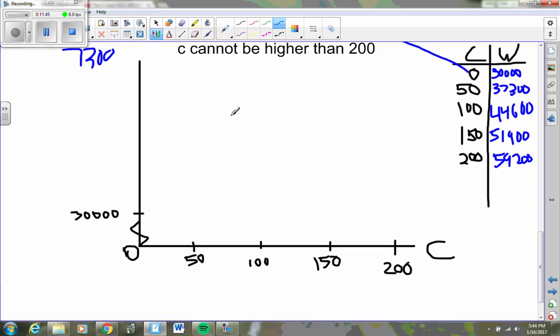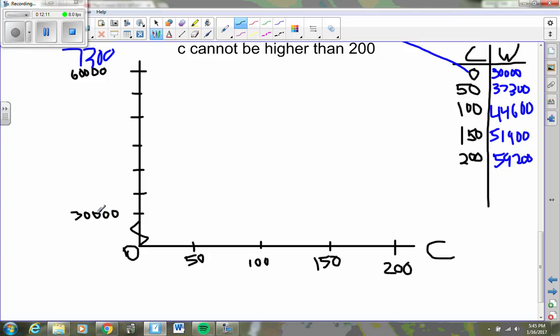Okay, so I need to make it almost all the way up to 60,000 here. So what I'm going to do after my break, starting at 30,000, is count up by maybe 5,000. Up here, I need to get to 60,000, which means 30, that'll be 40, that'll be 50. So I'll cut each of those in half.